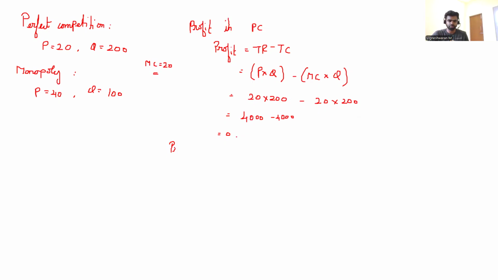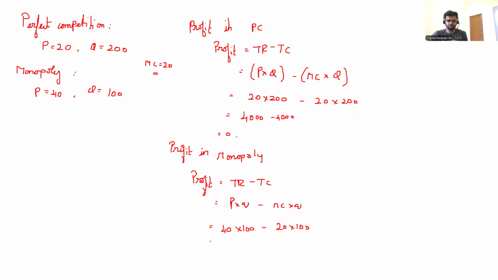Now profit in monopoly. Same formula: profit is equal to total revenue minus total cost, that is price into quantity minus MC into quantity. So 40 into 100 minus 20 into 100. So there will be a profit of 2000.